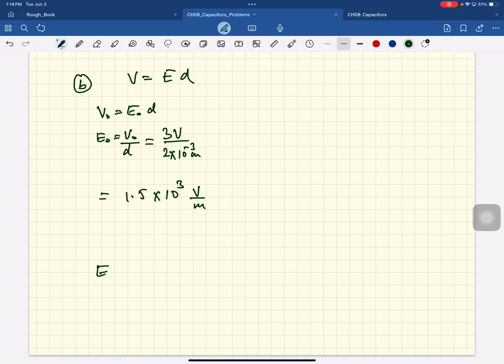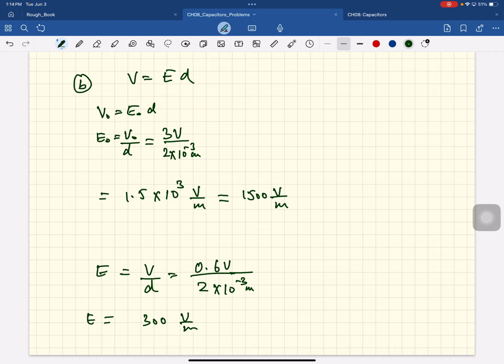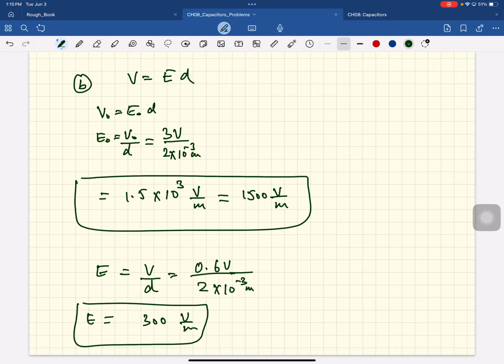E with the dielectric present is V over D, which is 0.6 volt over D. So the electric field reduces by the factor of the dielectric constant. Dielectric constant was 5. This divided by 5 is 300 volts per meter.